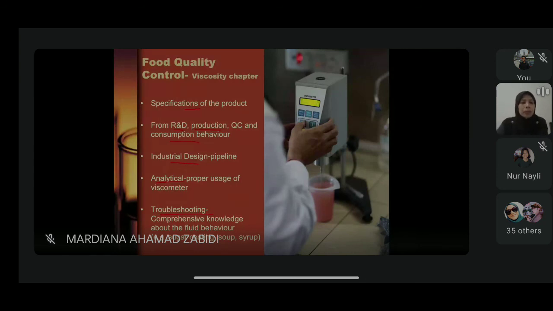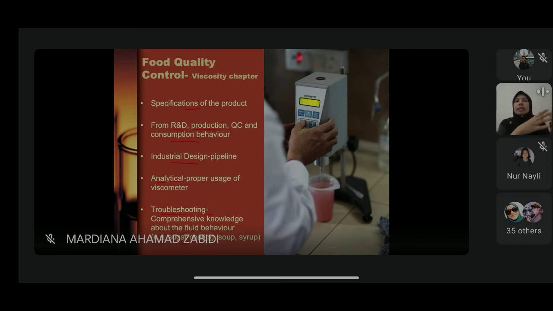Okay, so when we measure viscosity, we are going to have a comprehensive knowledge about the fluid behavior. For example, for sugar coating or chocolate coating, we have some products that require chocolate coating. So for the chocolate coating, you need to measure the viscosity, because it cannot be too thin, it cannot be too viscous.